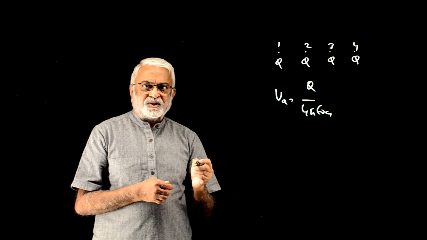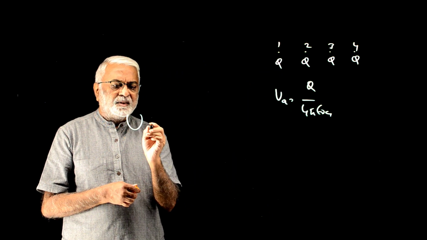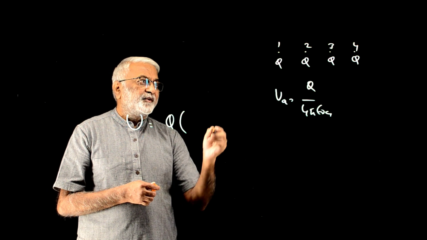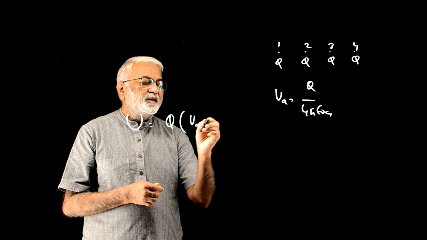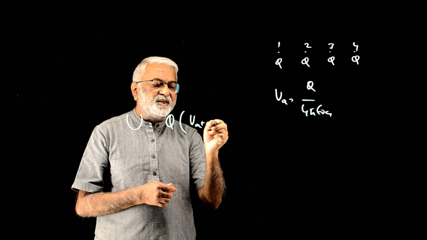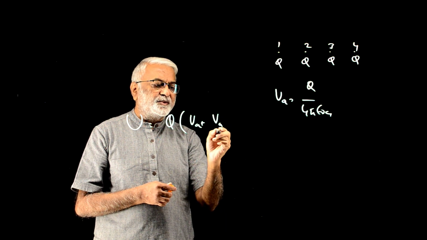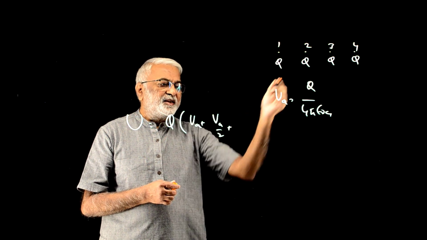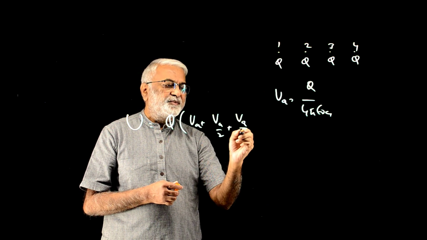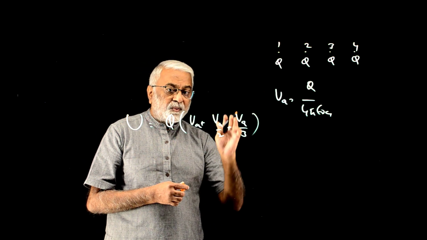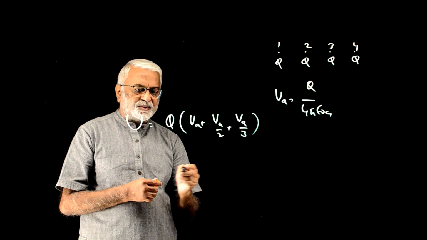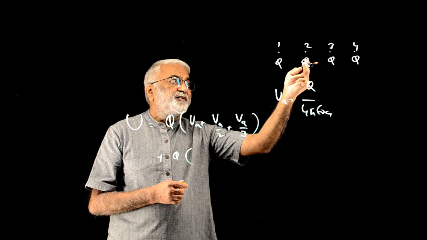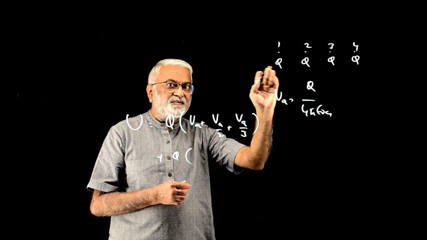Let's go to the first charge. What is the potential where it is present? VA due to the adjacent charge, and charge 3 is at twice the distance, so VA by 2. Then the fourth one is 3 times the distance, so VA by 3. We'll leave this out from further calculations. Then go to the second charge, potential at the place where it is due to 3. We'll leave out 1 from further calculations.